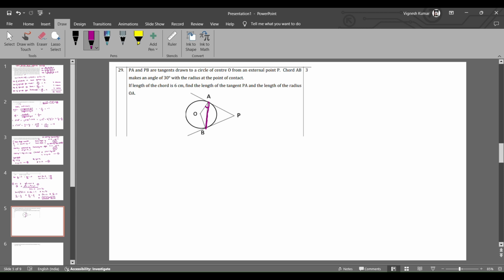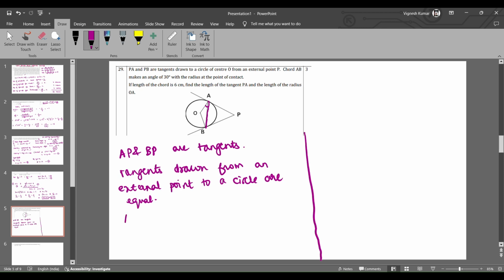Okay, so what can be done here? Let me consider this angle is 30 degree. Here AP and BP are tangents, right? AP and BP are tangents, so AP is equal to BP. That's what we know.